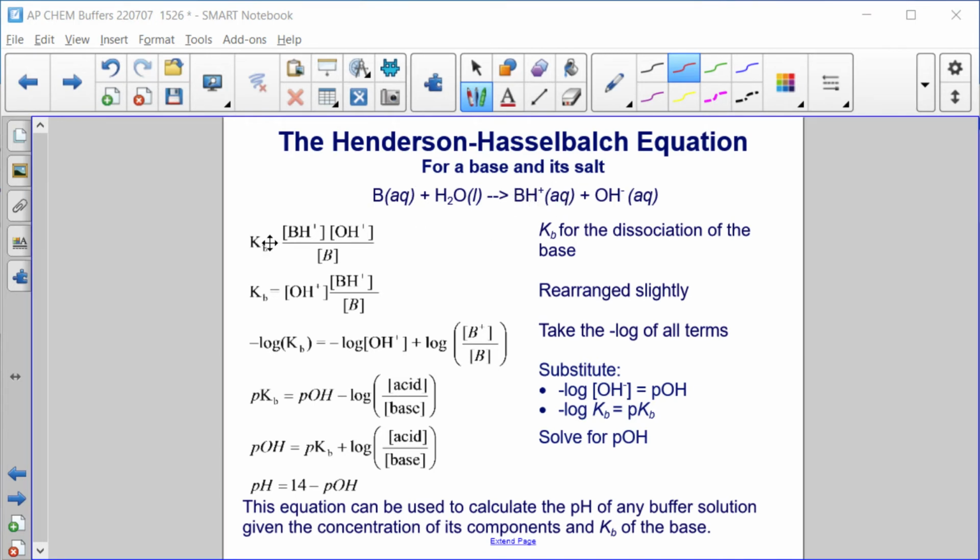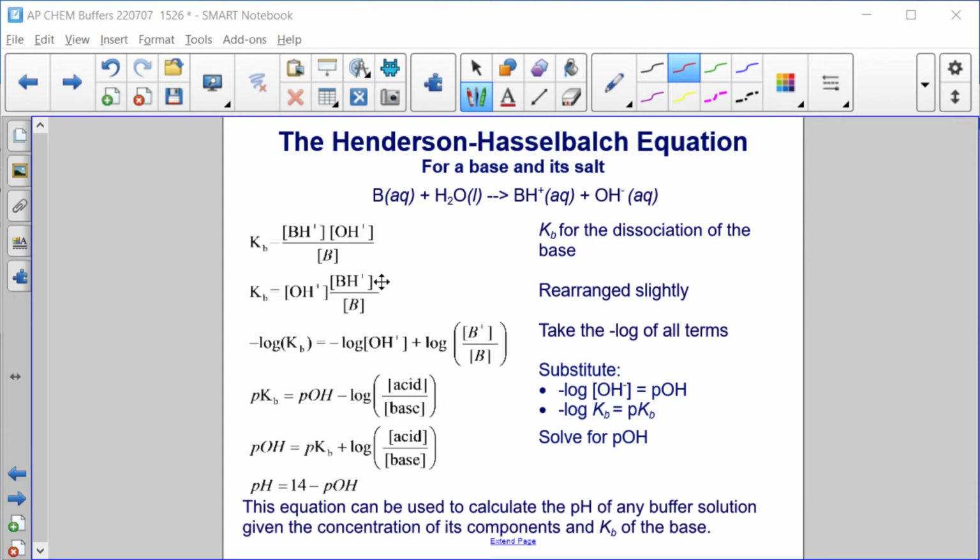So Kb for the dissociation of the base is given, BH+ times OH- concentration over the concentration of the base. Rearranged slightly, just to show the ratio of the acid to the base.